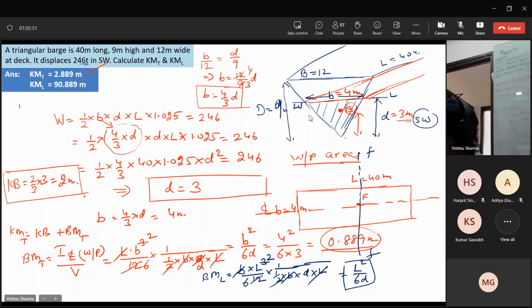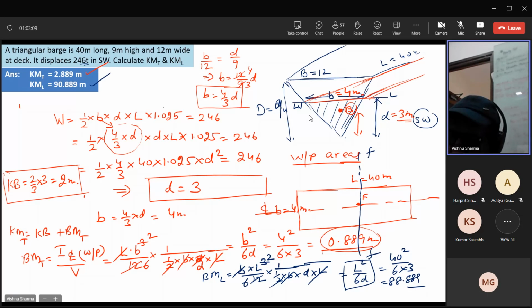Correct? This will be equal to 40 square by 6 into 3. And this will come to 88.889. And you add 2 meters to it, you'll get this KML answer.